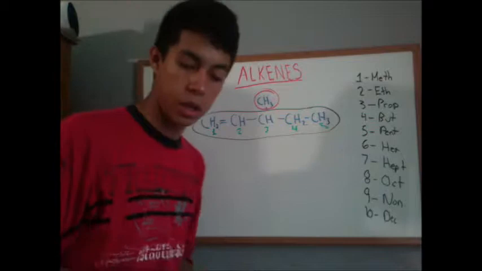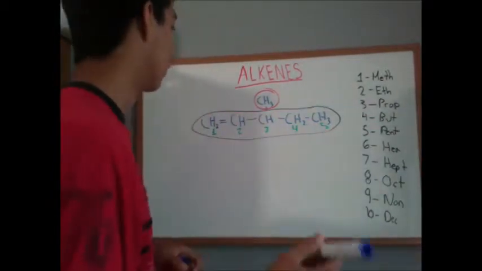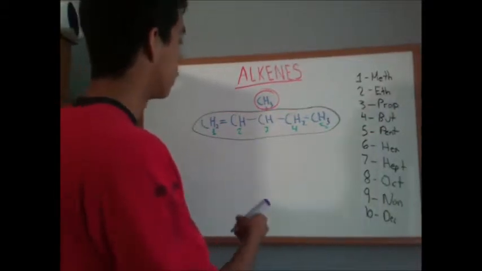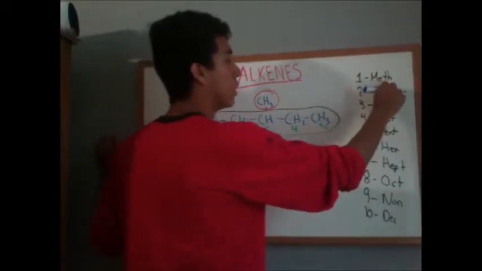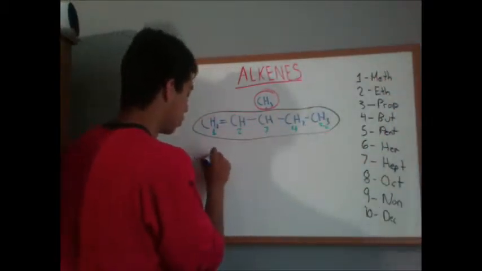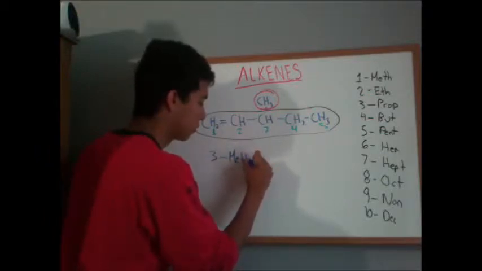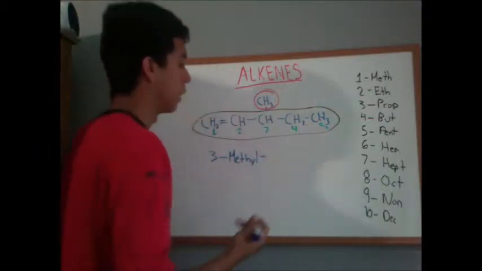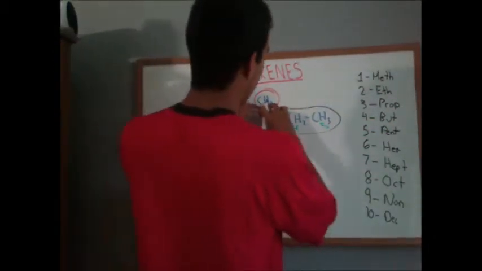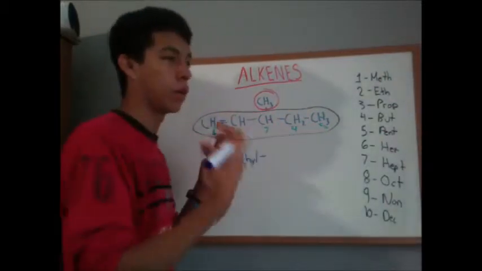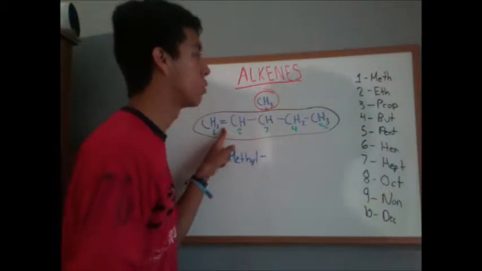So in this case, the name of the alkene is going to start with 3. And because it's one carbon, it has to be the prefix methyl, 3-methyl, and then, as in alkanes, the name of the longest chain. But here we have a double bond, and we need to specify where it is.